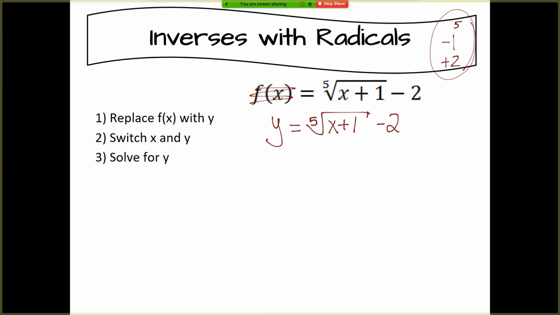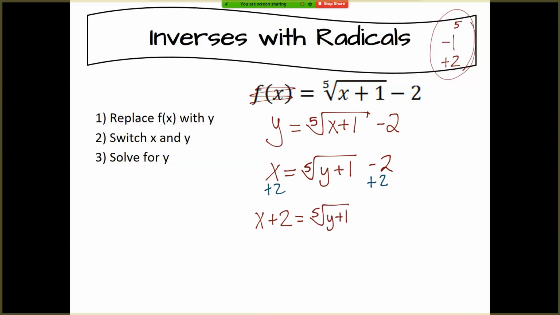Step number 2, we're going to switch x and y. So now we have x equals the fifth root of y plus 1 minus 2. Here we want to isolate the radical, so we're going to add 2 to both sides, giving us x plus 2 equals the fifth root of y plus 1.